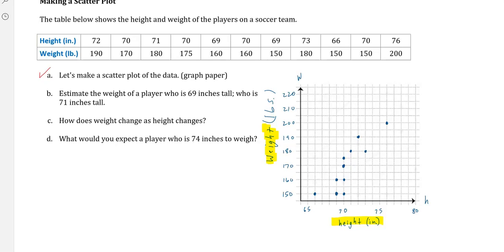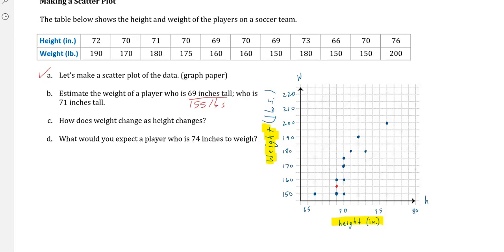If we take those two values and find the average, a good estimate is 155 pounds. So someone who's 69 inches tall could be 155 pounds.